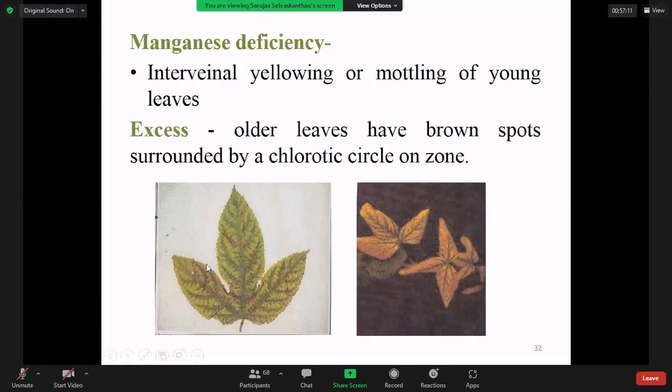Here the veins are green in color, and the space between two veins turns yellow. This is a specific symptom. If it is in excess, the leaves have brown spots surrounded by a chlorotic circle or zone.